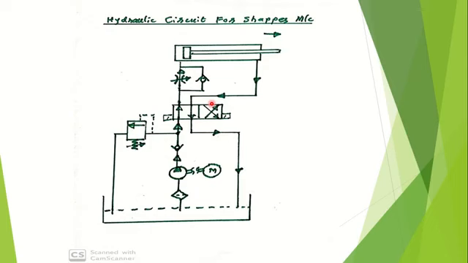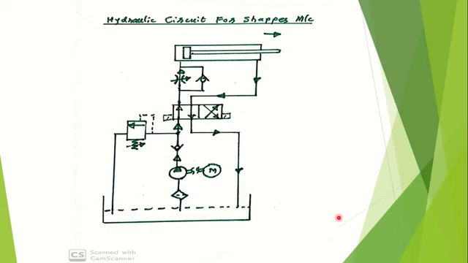Now here we are going to discuss how to draw the hydraulic circuit for shaper machine. Prior to that, it is very essential that one should identify the requirement of the shaper machine. The requirements of the shaper machine are mainly of two types.